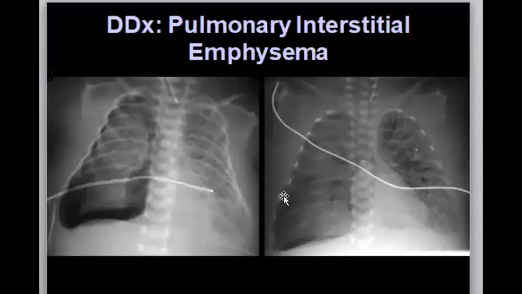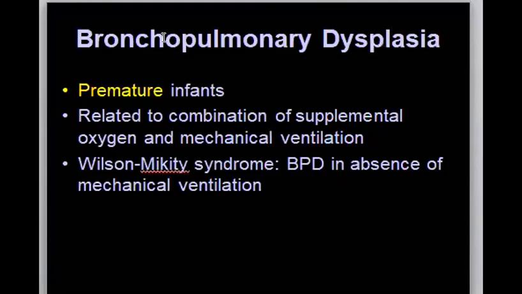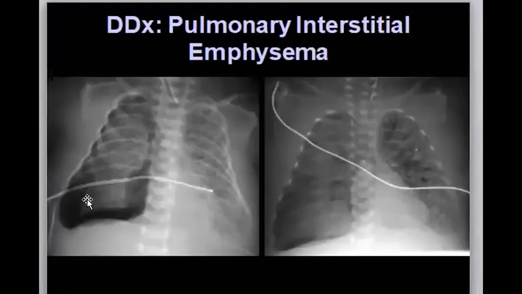And again you can find some pneumothorax as a complication. So either congenital pulmonary emphysema, or bronchopulmonary dysplasia, or pulmonary interstitial emphysema.